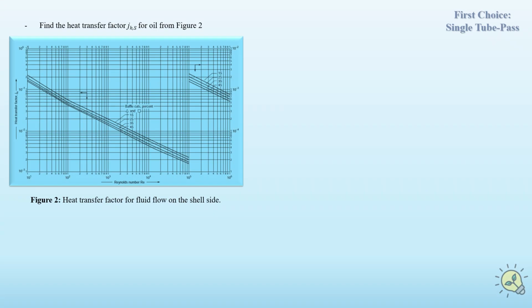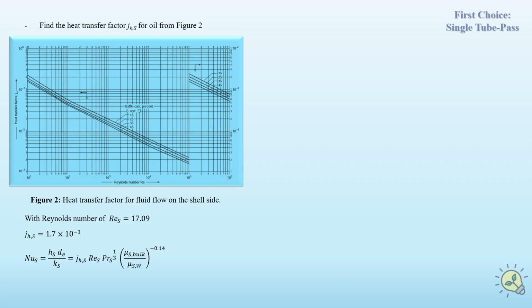To continue our thermal design of the heat exchanger with the known value of Reynolds number, we may use figure number 2 to calculate the heat transfer factor of the fluid on the shell side to be 1.7 times 10 to the power minus 1.